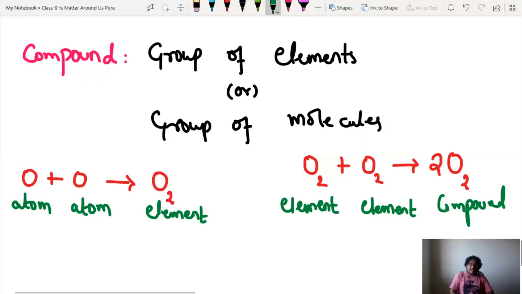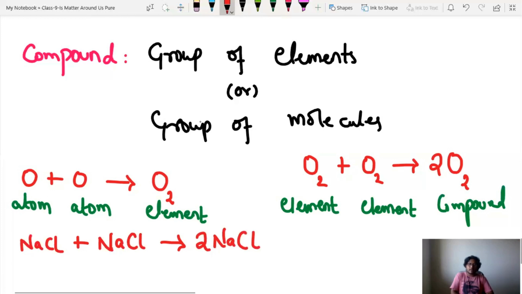Let us take another example. NaCl, sodium chloride, plus NaCl, sodium chloride, gives rise to... How many sodium chlorides are there? 2. So what we can mention? 2 NaCl. Now, first NaCl is a molecule. Why is it a molecule?